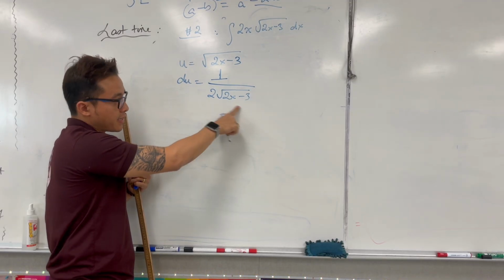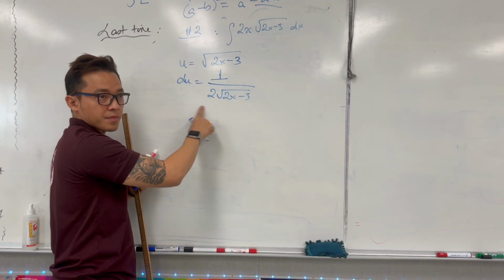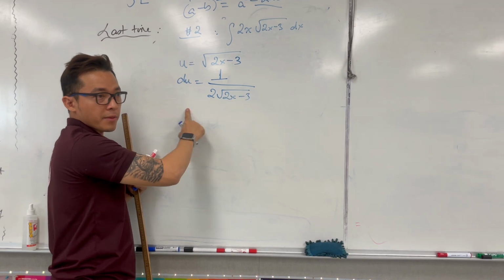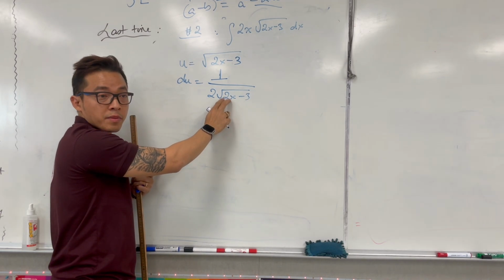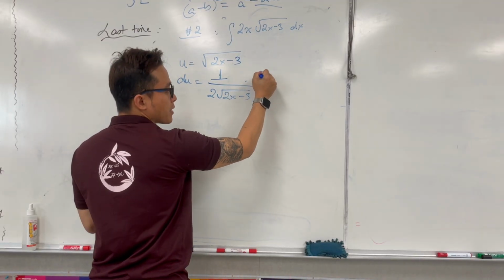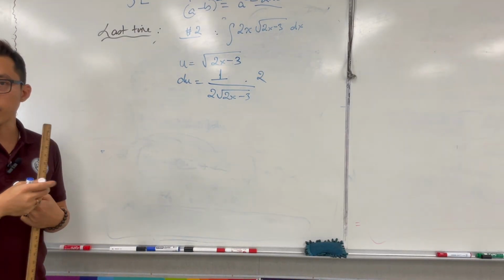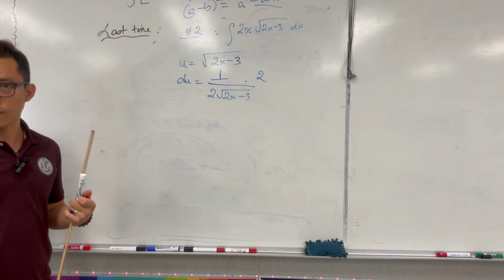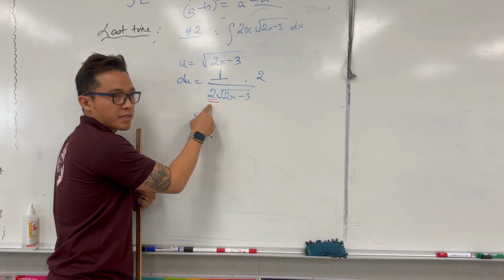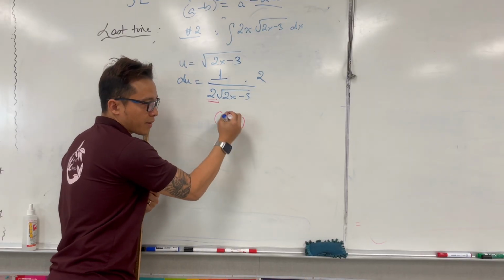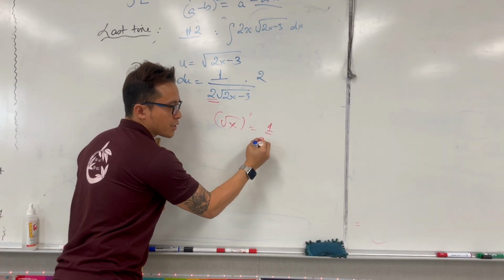Is that correct though? Not yet. You need to multiply by another 2 from the chain rule. How many of you missed that 2? Where did the 2 come from? This 2 comes from the derivative of square root of x, which is 1 over 2 square root of x.